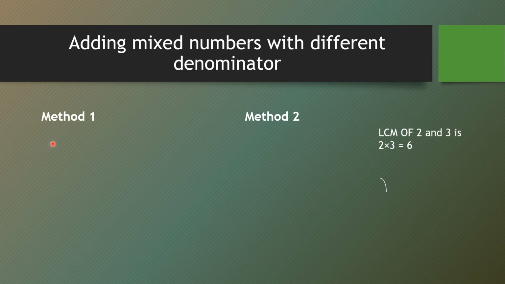So for method 1, 2 and 1 by 2 plus 1 and 1 by 3. Here you can see denominators are different and these are mixed numbers. So according to method 1, we will add these whole numbers separately and we will add these fractions separately. So here 2 plus 1 by 2 plus 1 by 3.